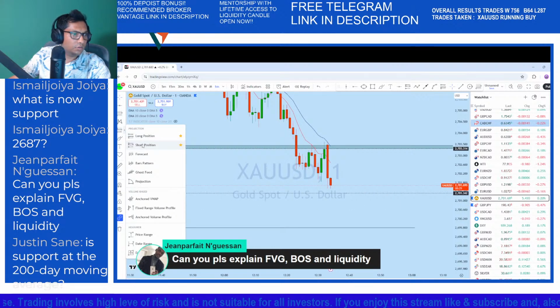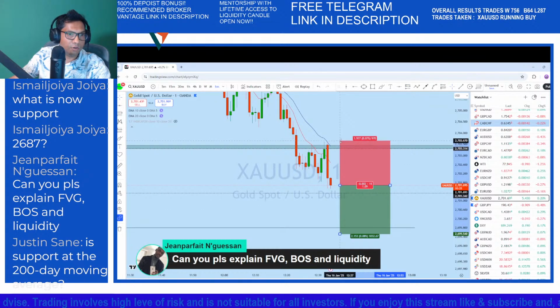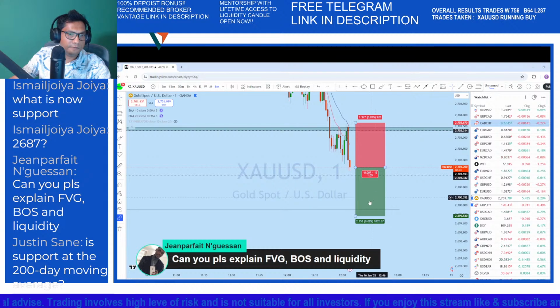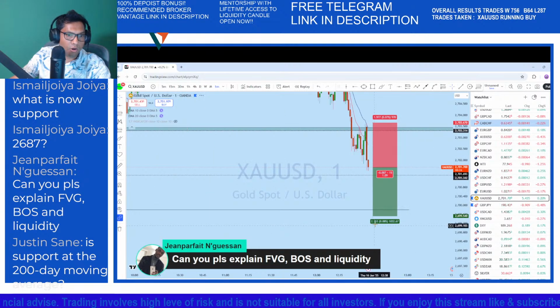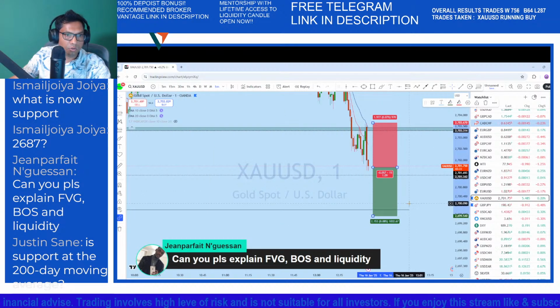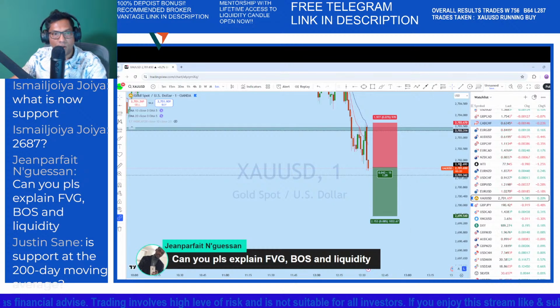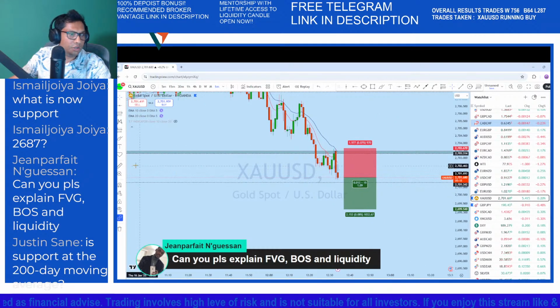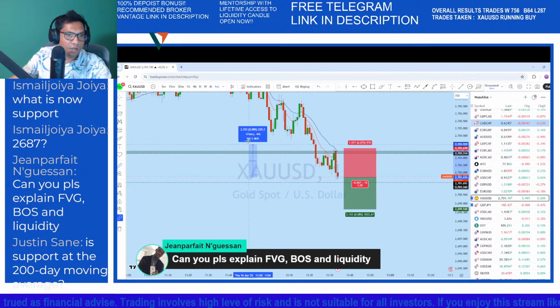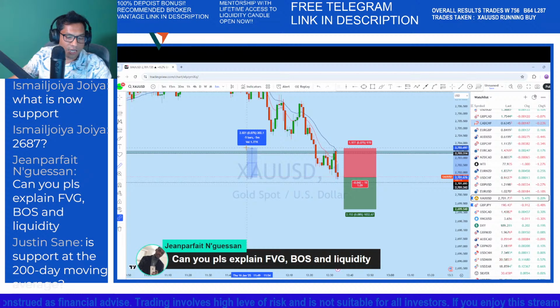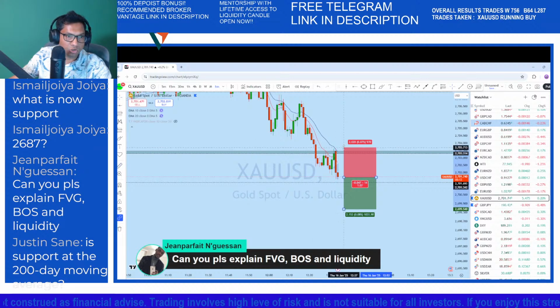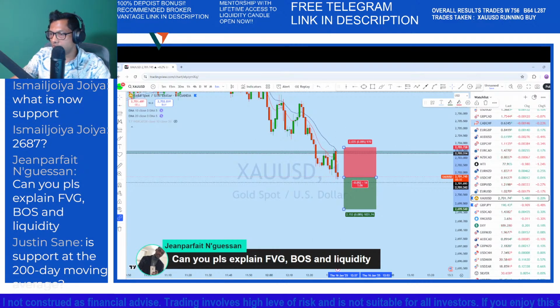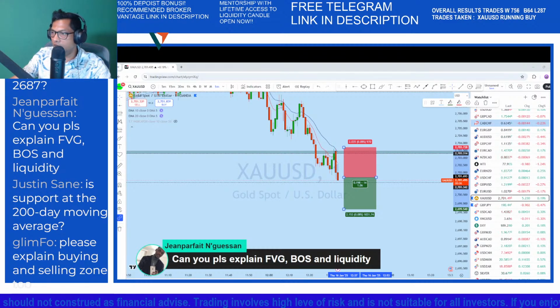So okay, a short-term selling opportunity that I would take to this order block, to this level. I'm going to sell this market with how many pips stop loss here? We'll be taking around 21 pip stop loss. So looking for that sell here on XAUUSD.